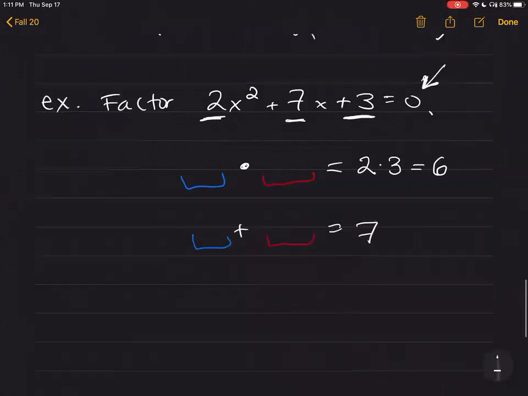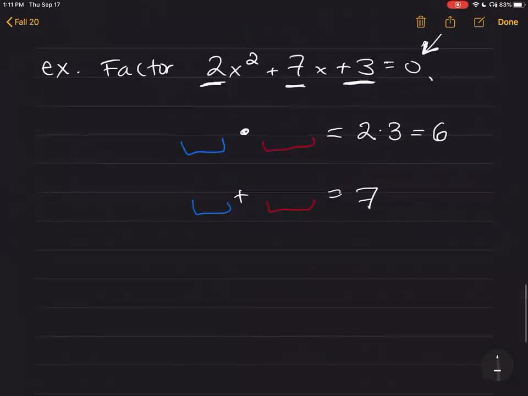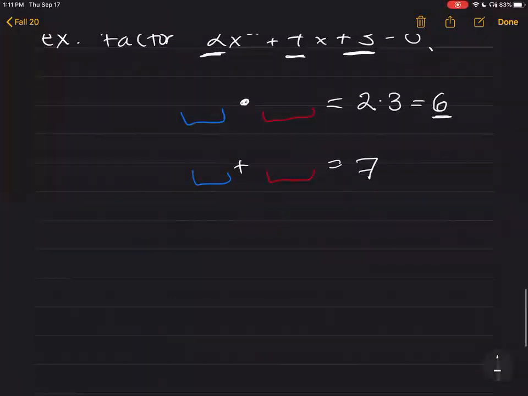So how do we do that? A good place to start is by writing out what the factors of 6 are. So we know 6 can be 2 times 3. It can also be 1 times 6. And these pairs of numbers are kind of like our guesses.